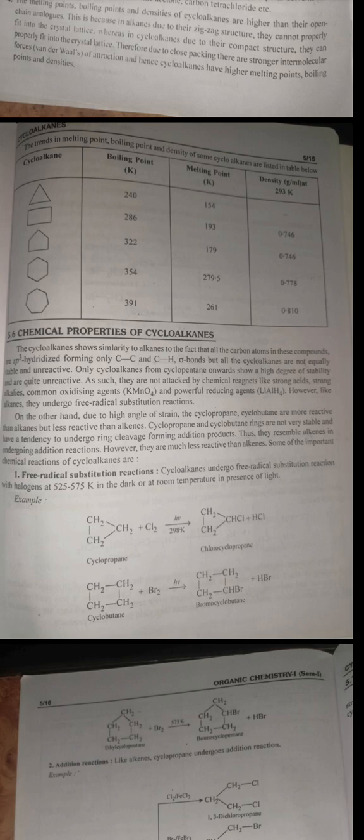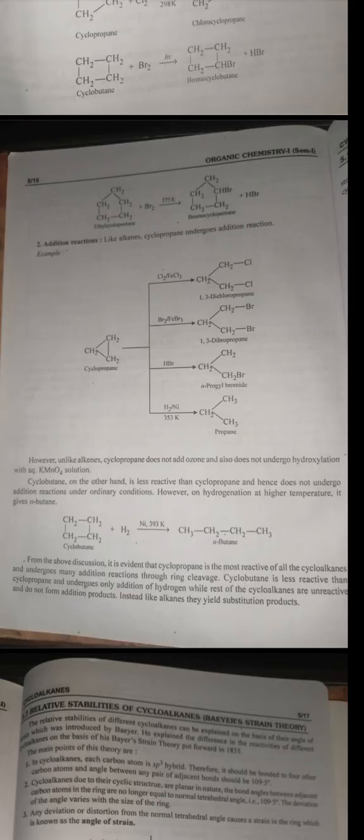Some of the important chemical reactions of cycloalkanes: free radical substitution reaction. In this reaction, cycloalkanes undergo free radical substitution with halogens at 525 to 575 Kelvin in the dark or at room temperature in presence of light.